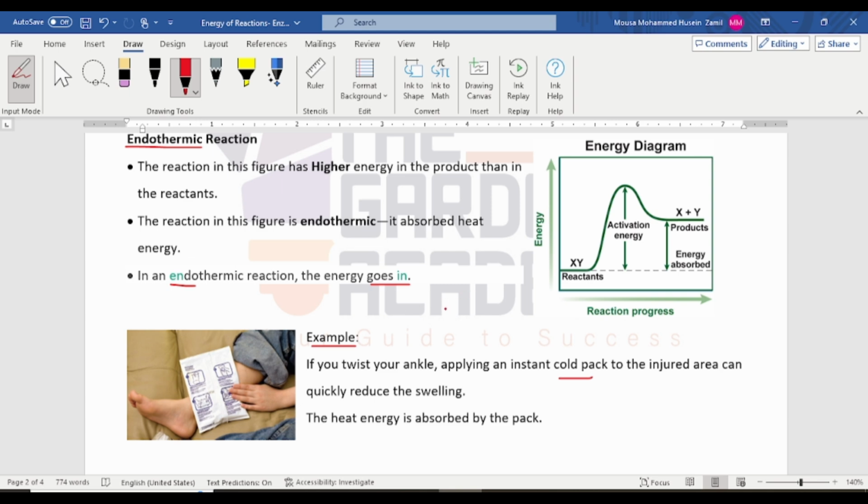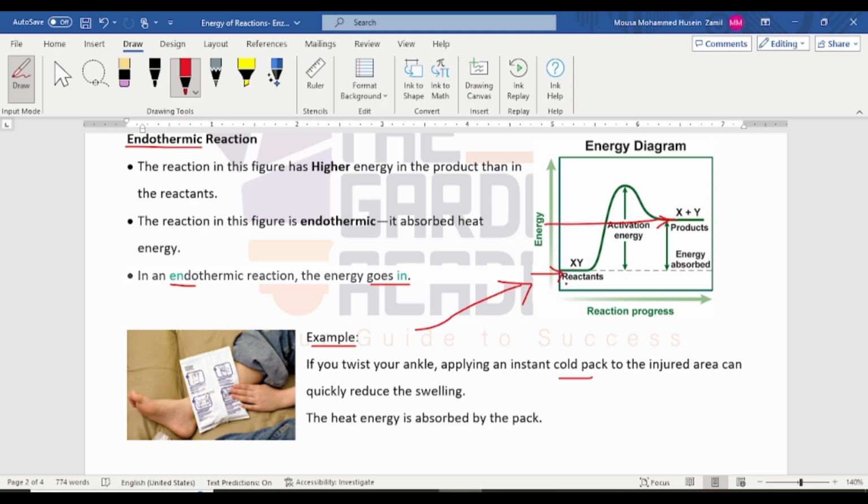How do we know from the energy diagrams over here? So as you see, the level of energy for the reactants is in this area, while for the products it becomes more.